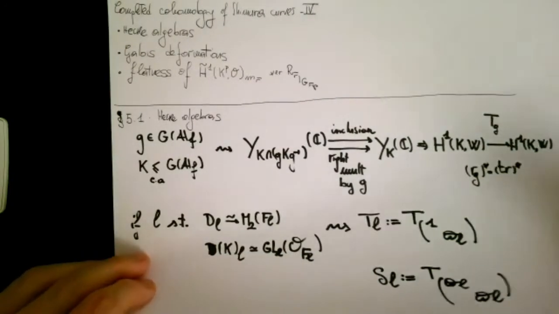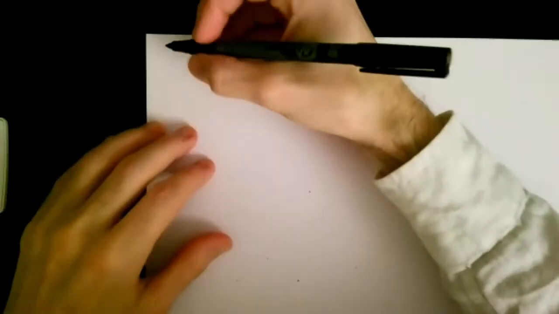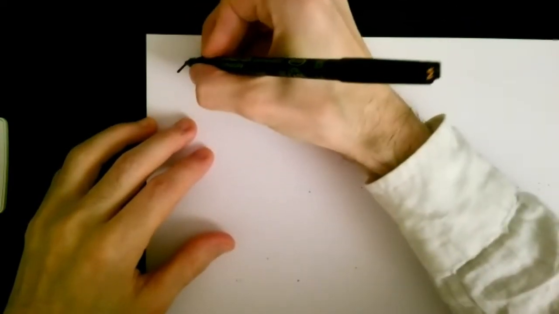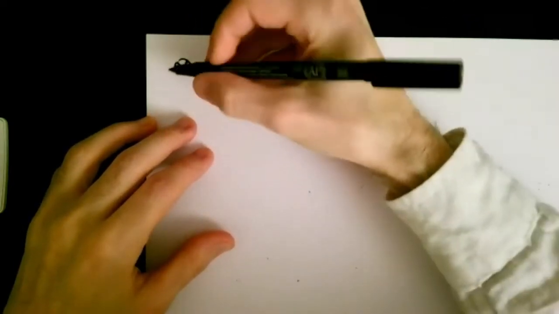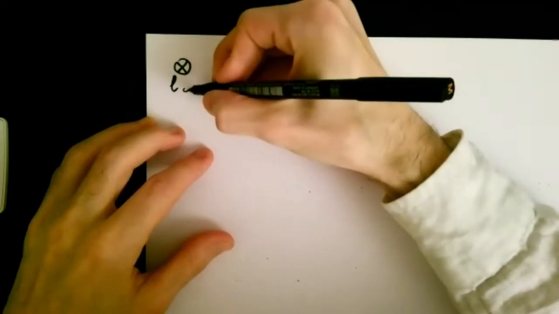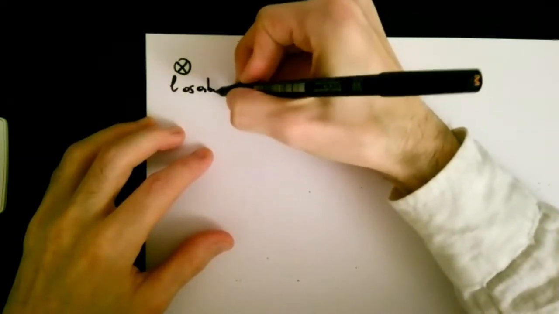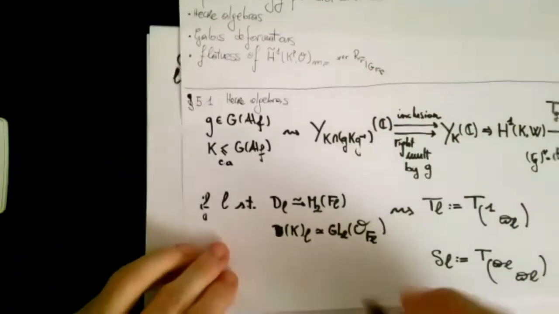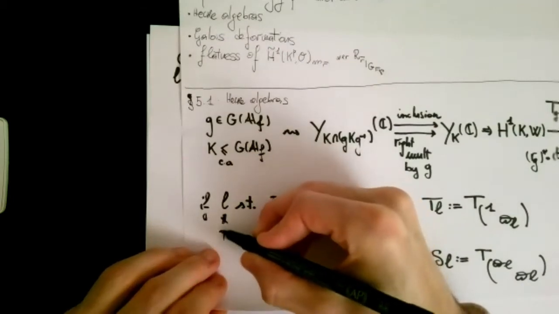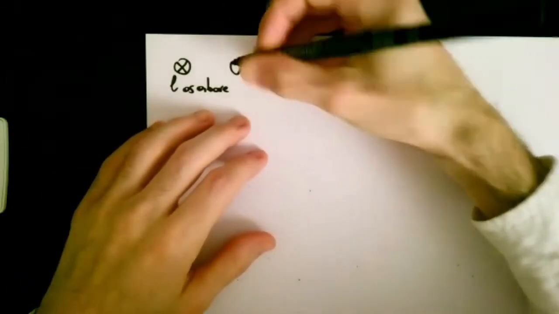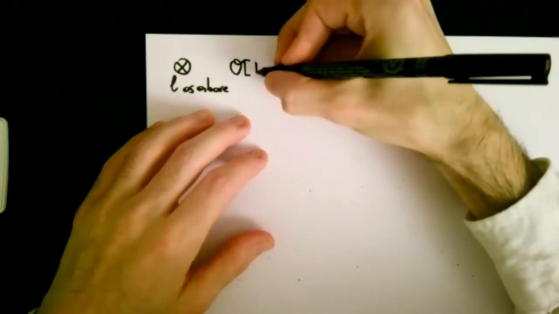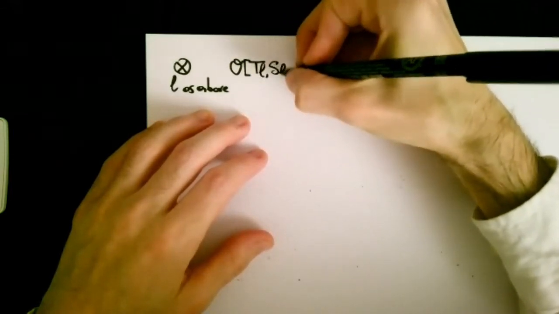So what happens now is that if we consider the following abstract algebra, if I take the tensor product over all l as above, just remember, this l should always be different from p. I take l as above, and here I take the polynomial algebra over O in the variables T_l, S_l.